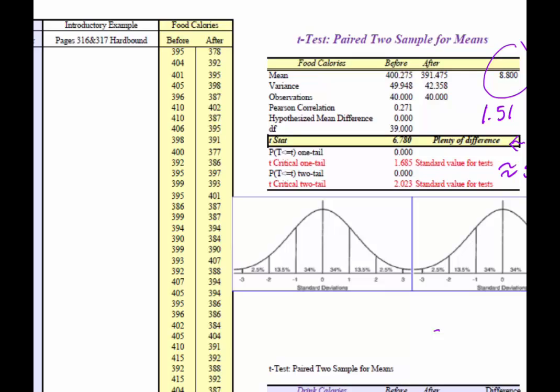We can reject the null, being that mu1 is equal to mu2. We can say, no, mu1 is not equal to mu2. And we can tell that because our t-stat is so large. It just needed to be 1.6, and it's actually 6.7. So we can definitely reject it.